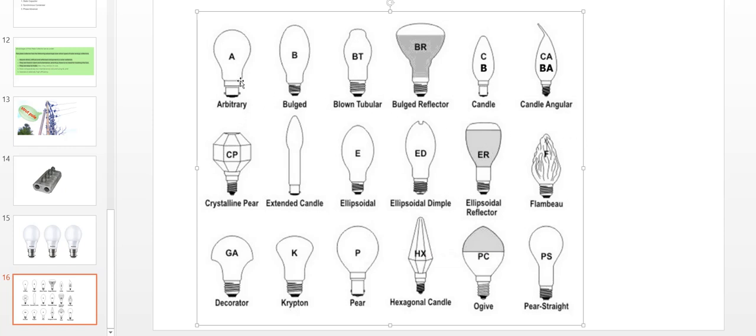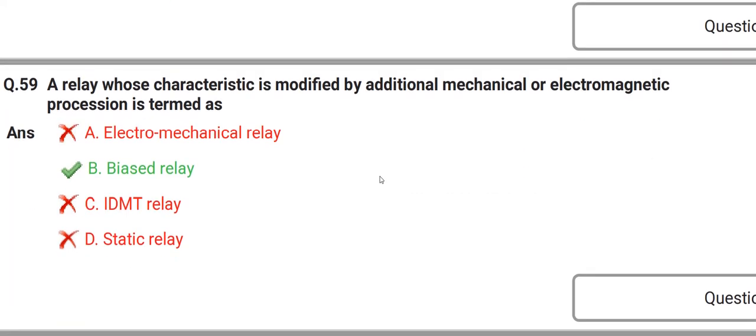So arbitrary is the first one, and then bulged, blown, tubular, bulge reflector, candle, angular. So many different types of LED bulbs or bulbs are there. A relay whose characteristics are modified by additional mechanical or electromagnetic processes is termed as? So it is a biased relay.